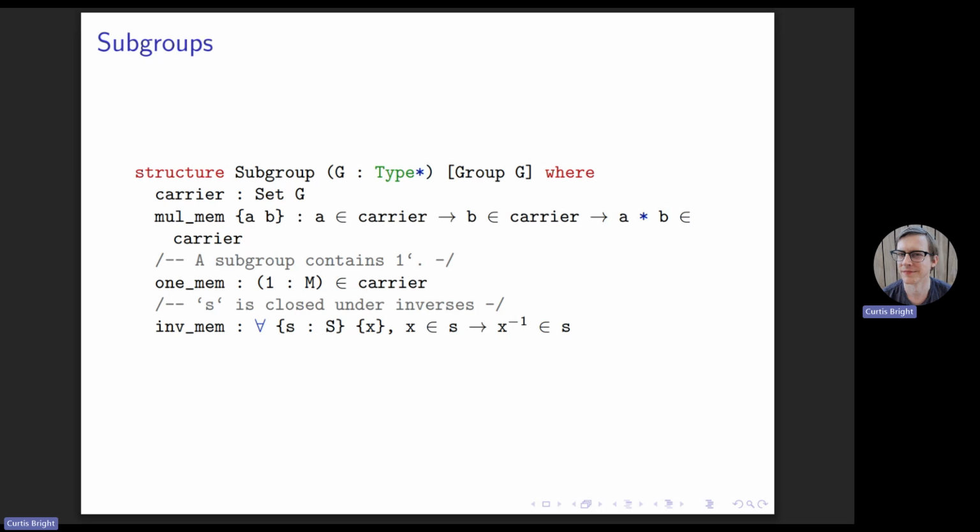Everything else is easy to keep track of. We don't have type coercions really. We have that 1 is contained in the carrier set, and we have that inverses are contained in the carrier set.